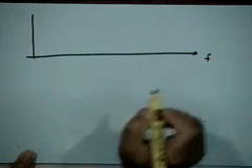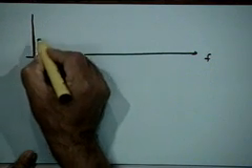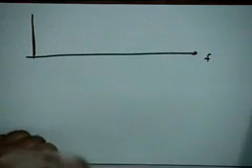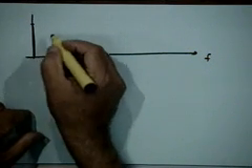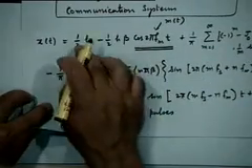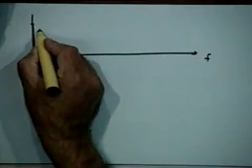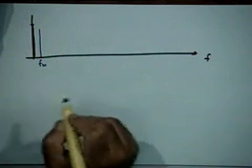We are plotting it as a function of frequency. So as you can see, there is a DC component. Let me use a different color. There is a DC component, this one, and then there is a component at fm, right?